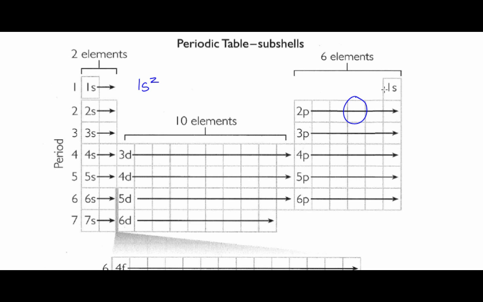There's a box there and a box there. Then we go to the next row, 2s2. There's 2 boxes here. Then we follow this all the way across. We run into 2p. And oxygen's in the fourth box over. So we just count over 1, 2, 3, 4. And it's 2p4.